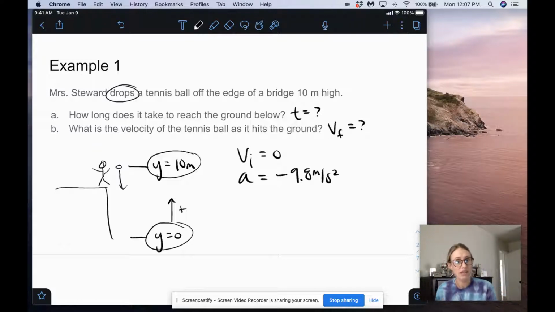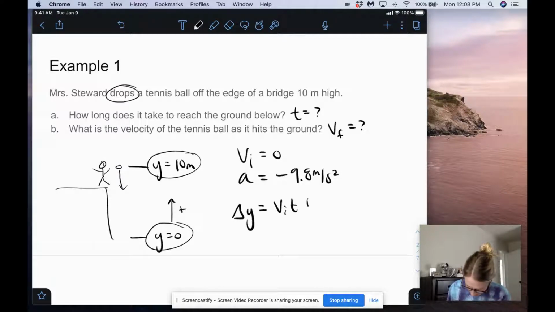Now, I have initial velocity, I have acceleration, I have a change in position, or my delta y, and then I want to know time. So I can use delta x, but in this case it's delta y, is equal to initial velocity times time plus 1/2 acceleration times time squared. I'm going to use this to find my time because that's the only equation that has all the variables that I need and want.